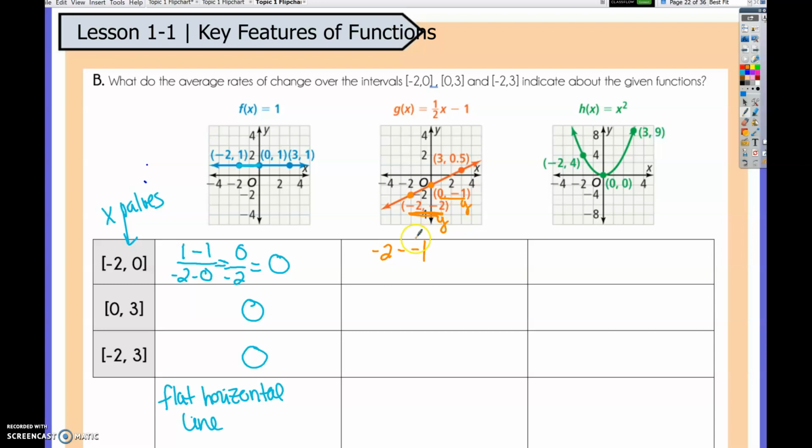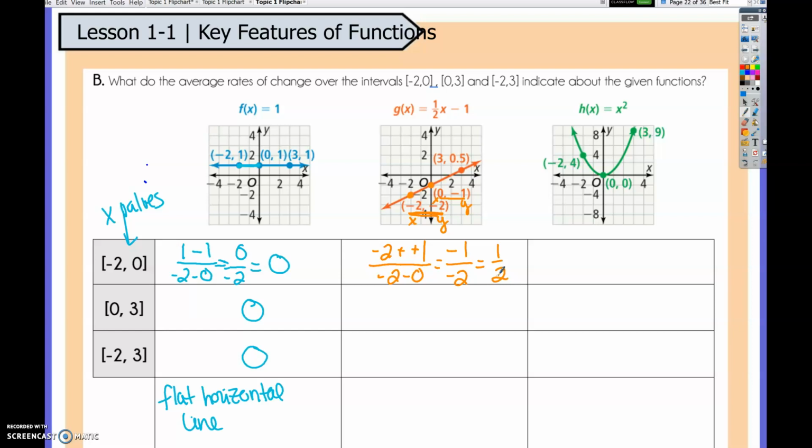It's important to have the minus sign and the negative 1 there. Over my x value changes, negative 2 minus 0. So that will give me, remember, subtracting a negative is like adding. So we're going to have negative 2 plus 1 is negative 1 over negative 2, which gives me 1/2.